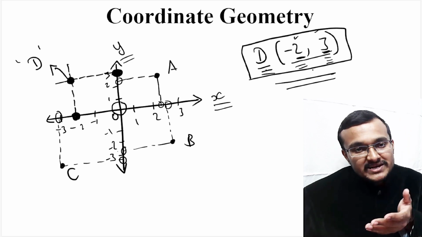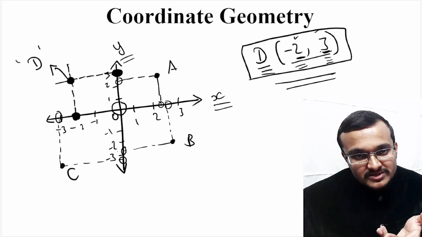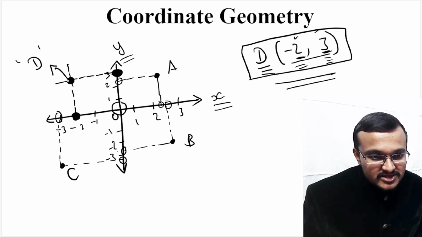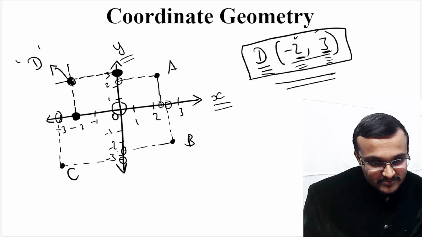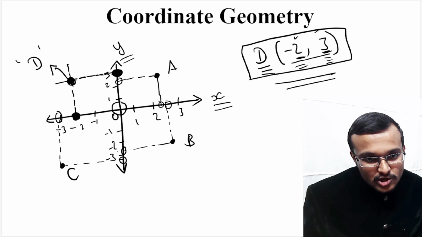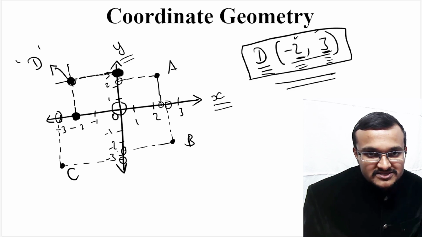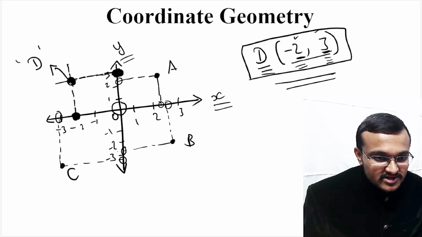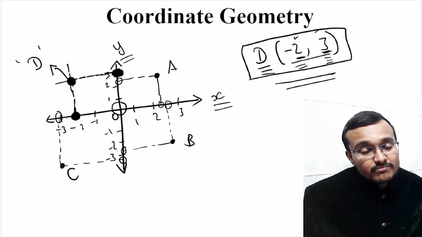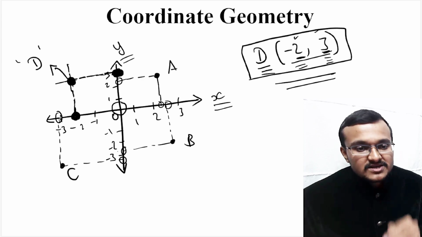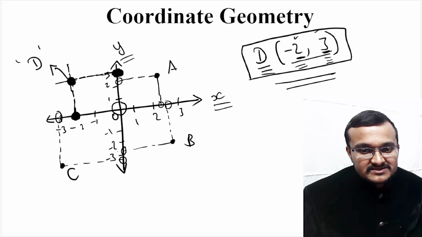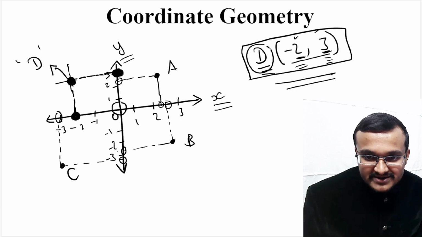Now I have taken one example, that is D of -2, 3. That is nothing but this particular point. When you draw a perpendicular line from this point onto the y-axis, it will be around +3. And if I draw a perpendicular line from D towards the x-axis, then the point will be on -2 on the x-axis. So -2, 3 is the position of this particular D on this Cartesian system.